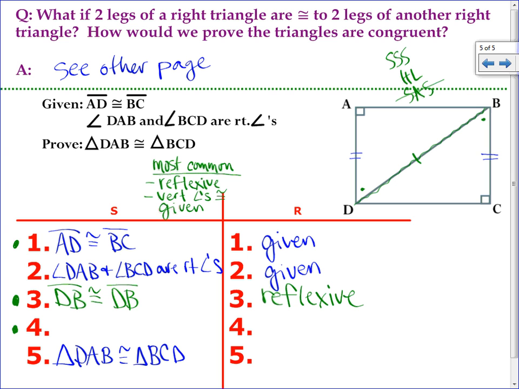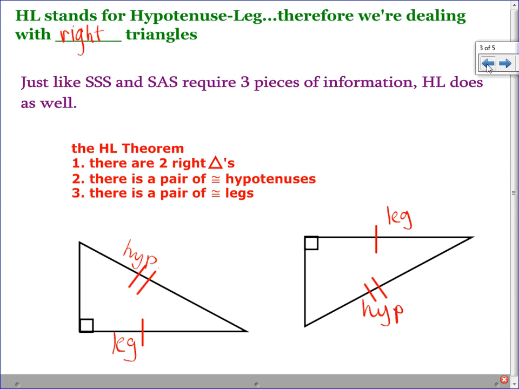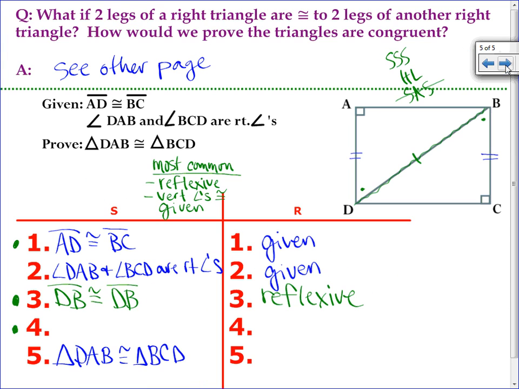We have to say that we have 2 right triangles. We haven't said that yet, so let's do that in that step. So triangle DAB and triangle BCD are right triangles. What was our reason for this step on the other proof that we did?